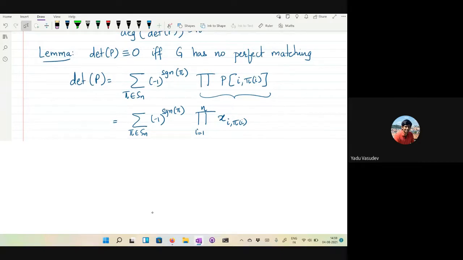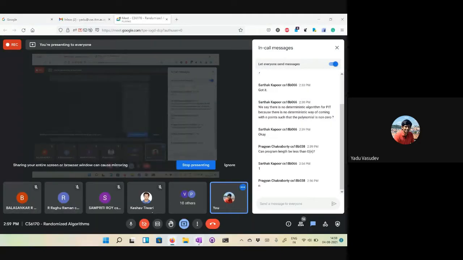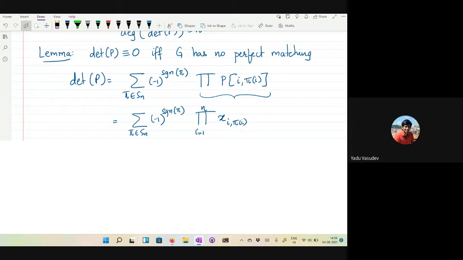Correct? So each i is mapped to some pi(i). When do you have a term like this? It's only when there is an edge between i and pi(i). Otherwise, this term would have been 0 and this monomial would not have existed.